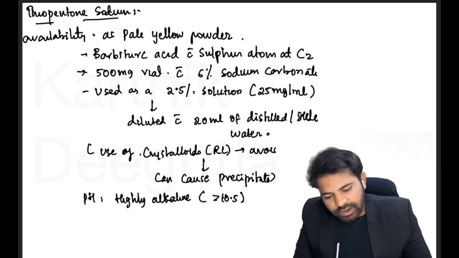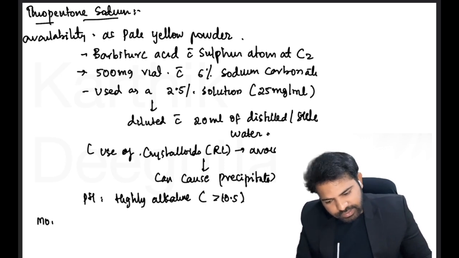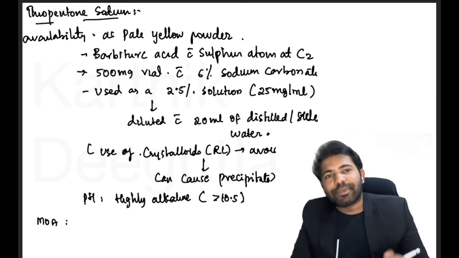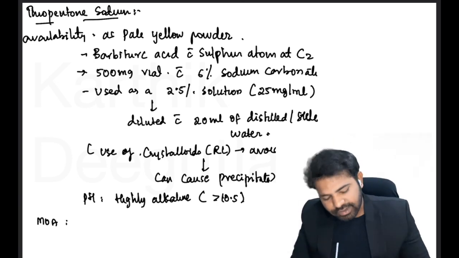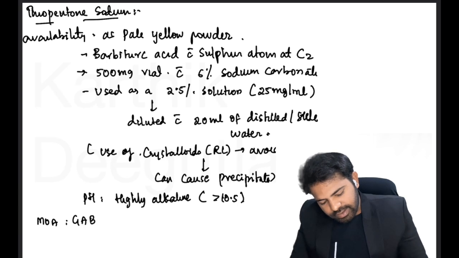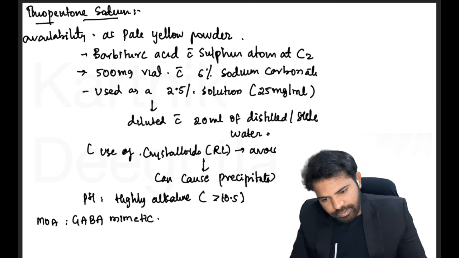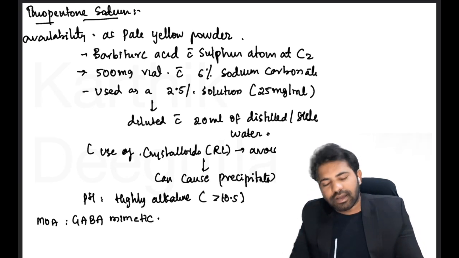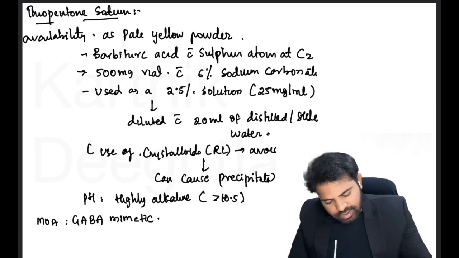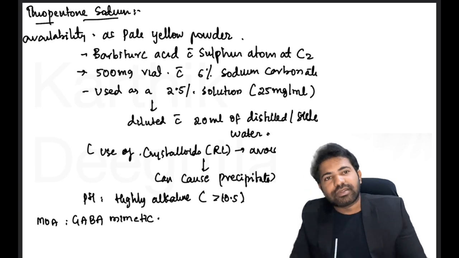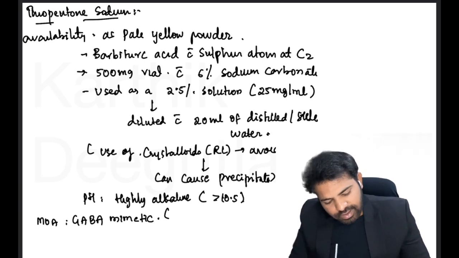Clear? Now what is the mechanism of action? Thiopentone has a GABA mimetic action. It mainly acts on GABA receptors. So the sedative and hypnotic effect is due to action on GABA receptors.